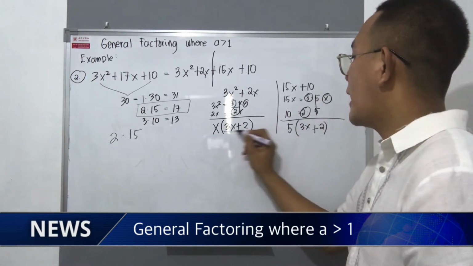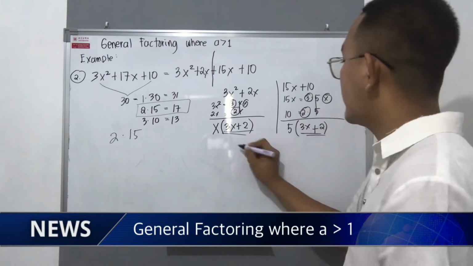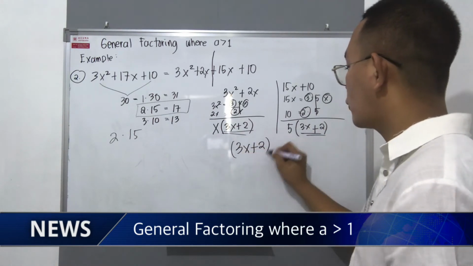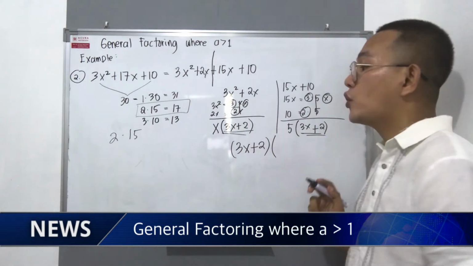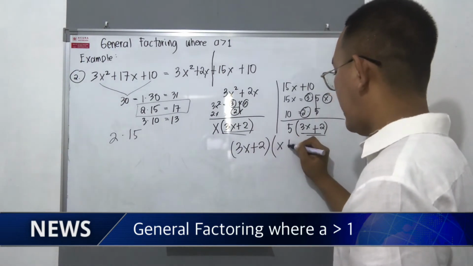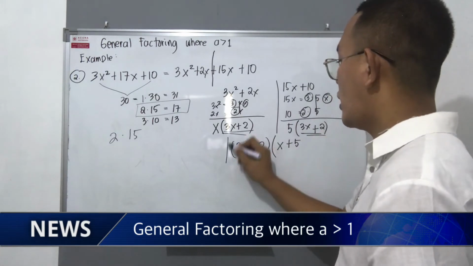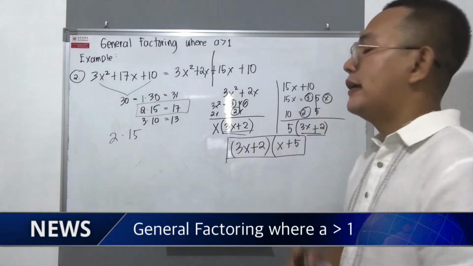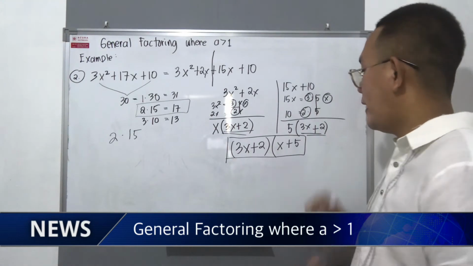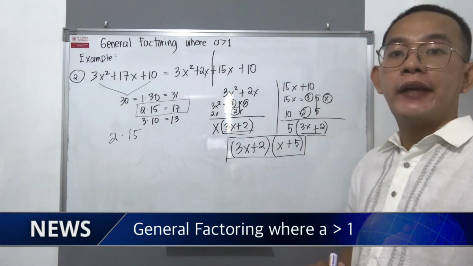Okay, so common tayo sa 3x plus 2. So sulat natin siya as 1. 3x plus 2 ang first factor natin, and then second factor natin ay x, since positive plus yan, x plus 5. So eto na ngayon yung ating final answer ng factoring. 3x plus 2 times x plus 5.